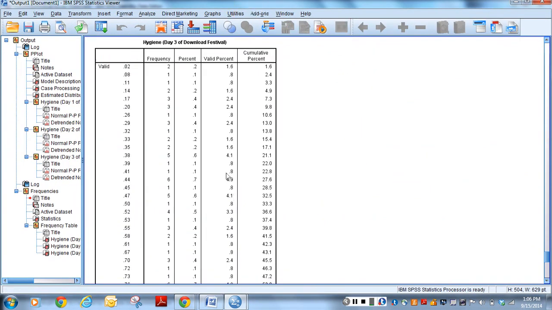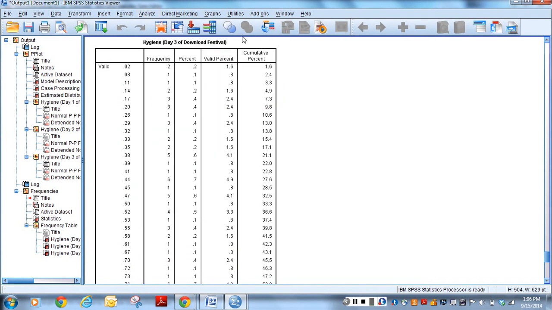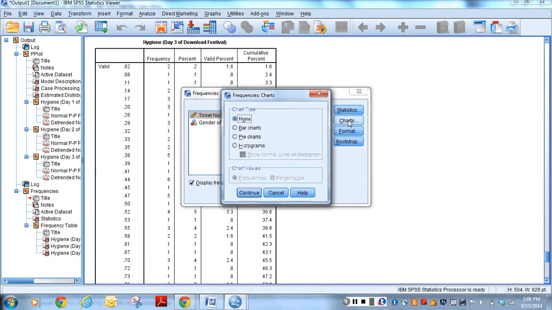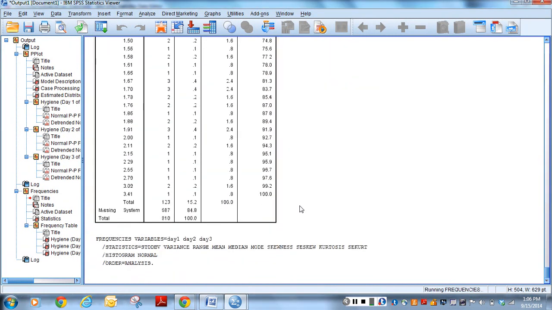One thing that I did forget to do, let's go back to Analyze, Frequencies. Let's go to Charts. We'll also create a histogram of our data, and we want to show the normal curve on our histogram and see what that gives us as well.